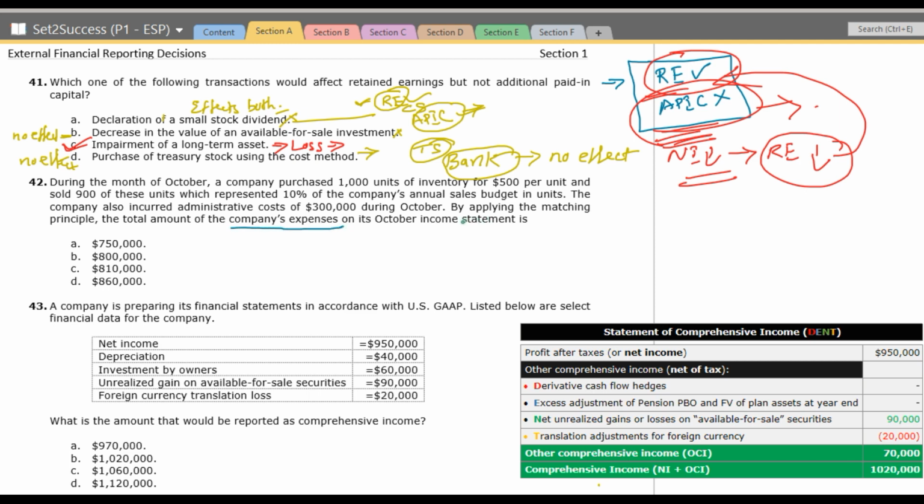By the matching principle. So what is matching principle? Matching principle is that you are going to match your current year expenses with the current year revenues.